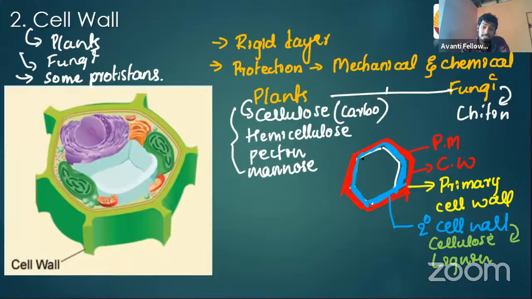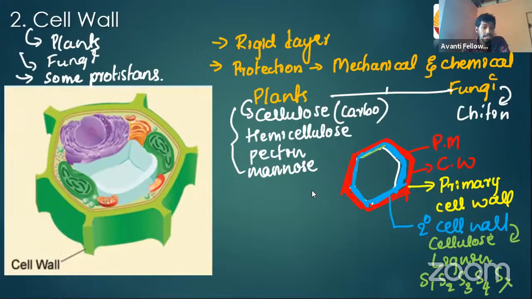This secondary cell wall may have several layers. We name them S1, S2, S3, S4, until Sx, meaning secondary cell wall 1, 2, 3, 4, like that. I will write the plasma membrane inside only, without any changes.